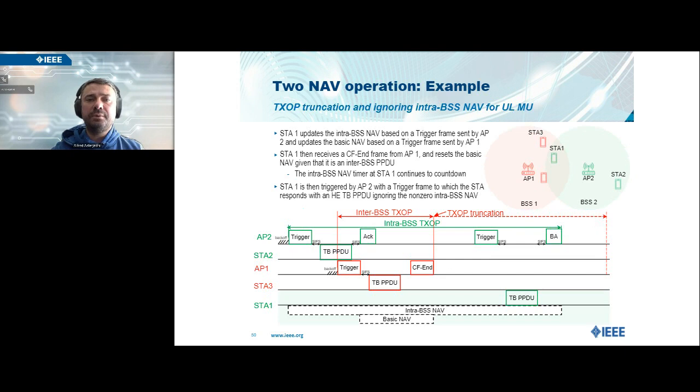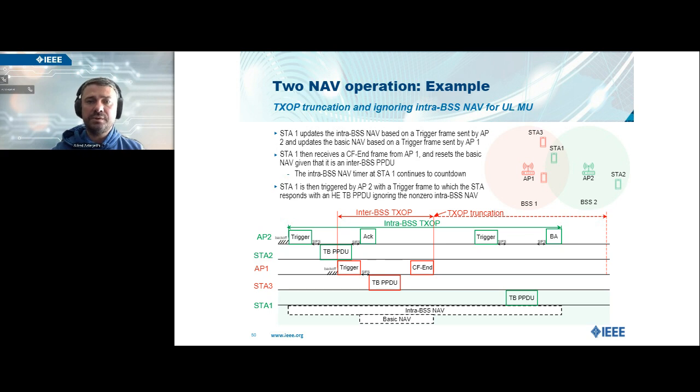Here the example covers the two main aspects of the two NAVs to exemplify the behavior. One is the truncation of your intra-BSS NAV.